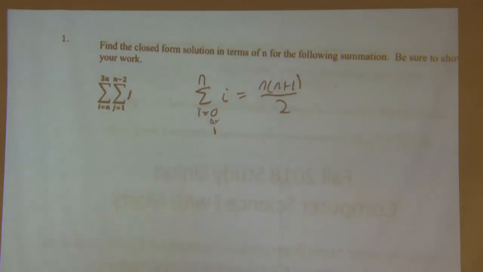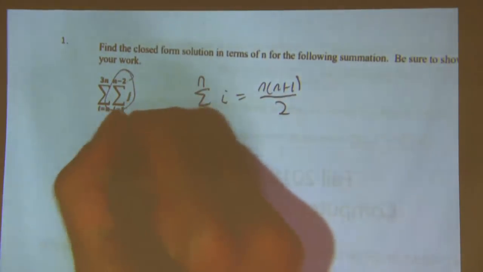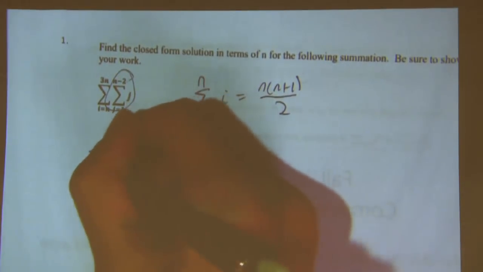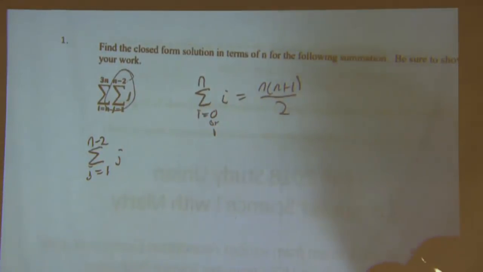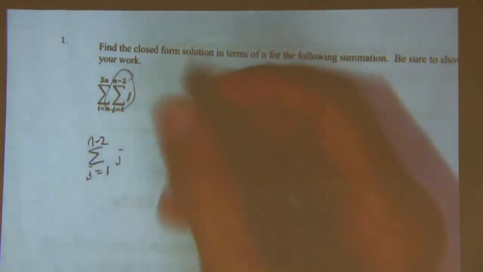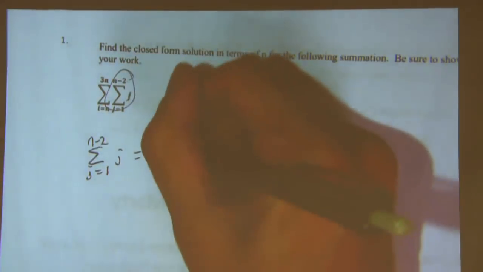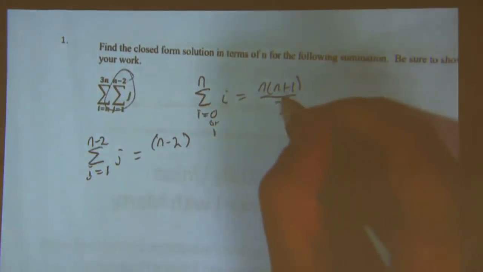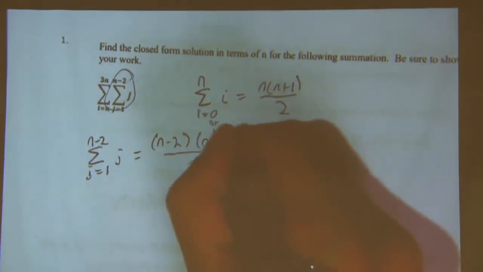Basically you just want to break up these summations. I'm going to solve the innermost one first, so I'll just separate that. I do the sum from j equals 1 to n minus 2 of j, and then we just plug into this formula. Our n in this case is n minus 2, and then n minus 2 plus 1 gives us n minus 1, all over 2.